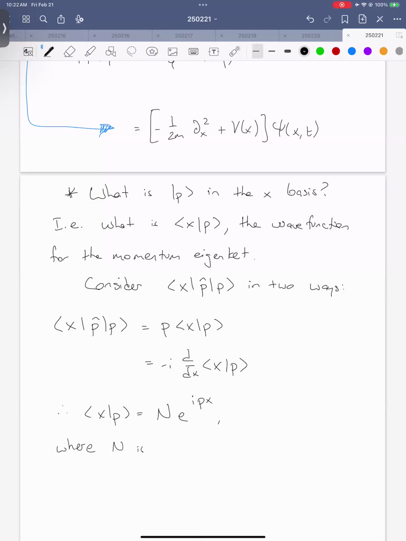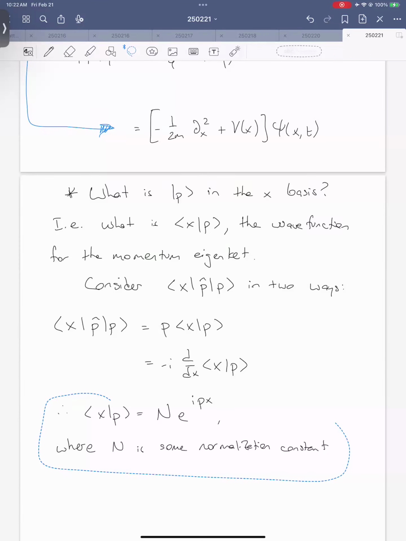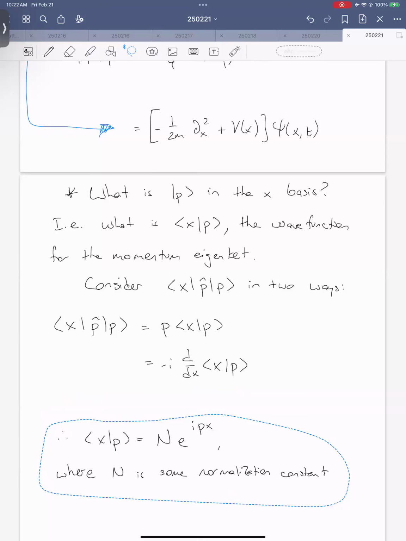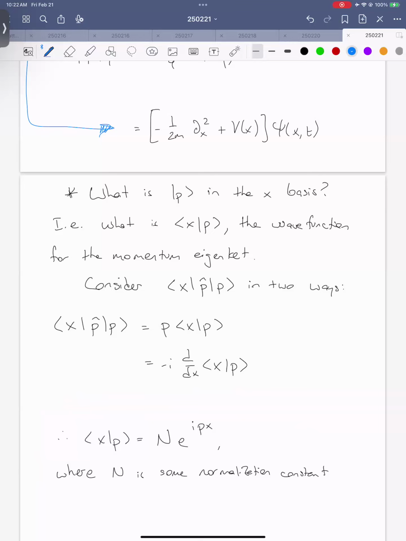Where this n is some normalization. And I mean this in a way that's supposed to make this feel more comfortable and not to make you feel bad.